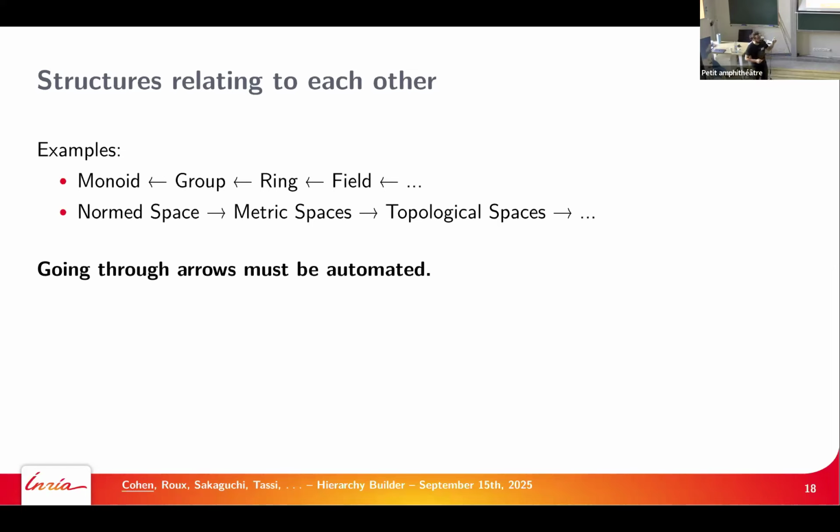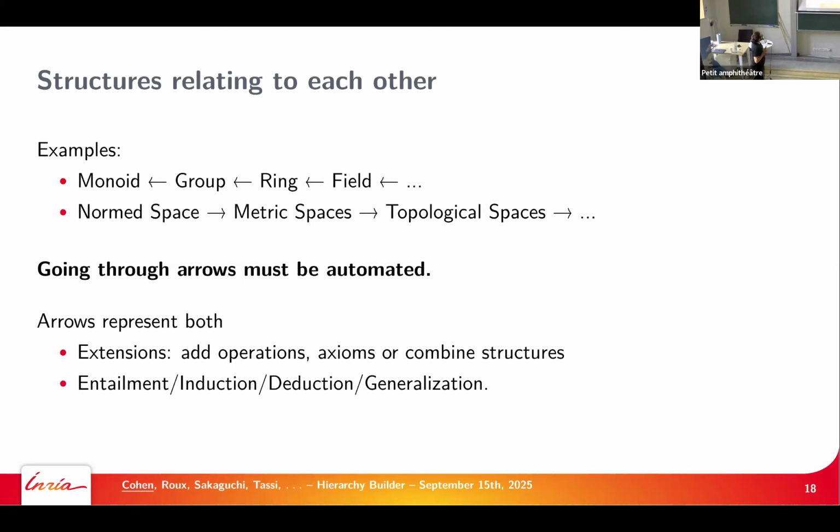And the problem is that going through the arrows must be automated. You cannot change paradigm in the middle of your library, because the automation should remain uniform. So here, the meaning of the arrows is always deduction, but in the first line, they represent extension.